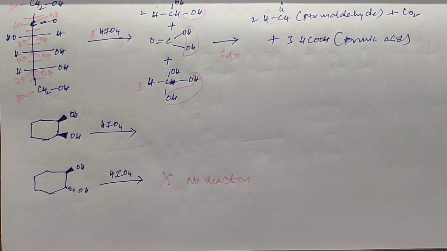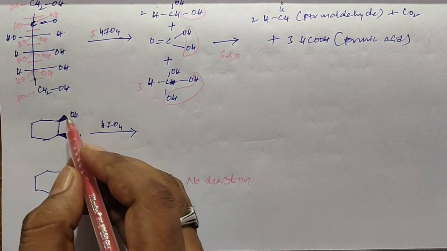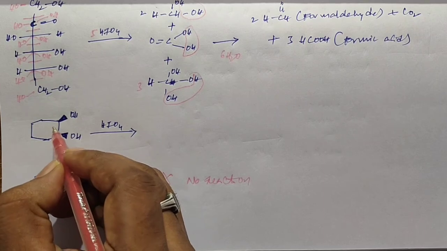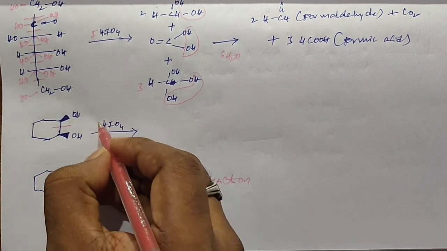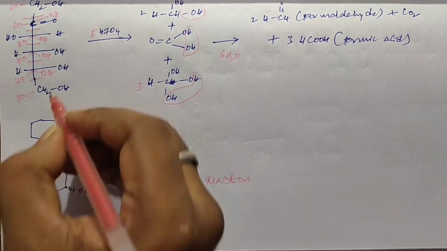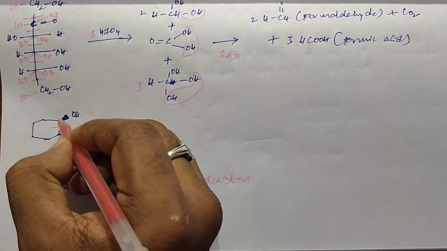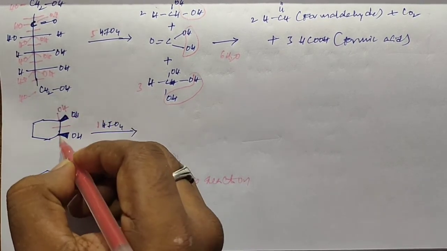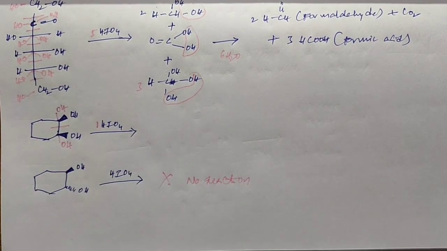But for this compound, the two OH groups are present in the same plane. So here breakdown can be possible. We just need to use 1 mole of periodic acid. By loss of one valency, here one OH can be attached, and here also one OH can be attached.